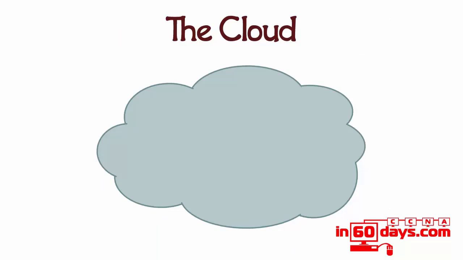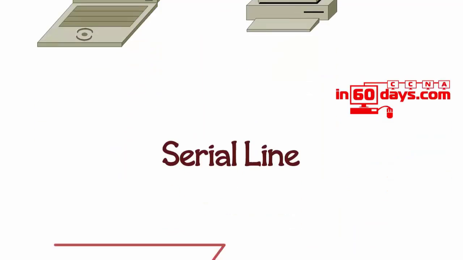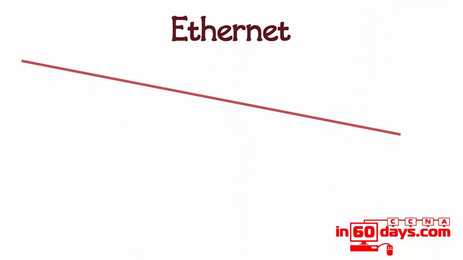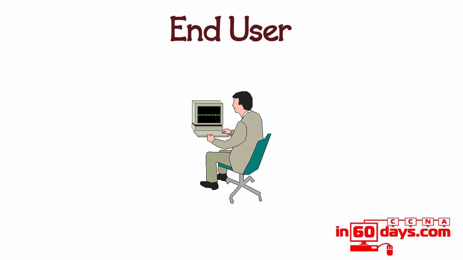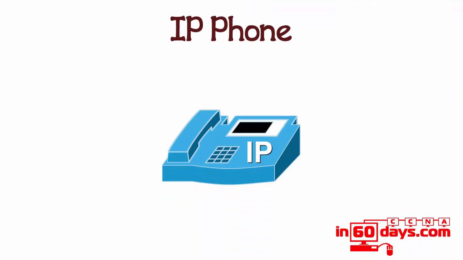The cloud, which could be your service provider usually, and you don't care what's going on in there, PCs and laptop. Serial line will normally have a kink in it and it looks like a lightning bolt. Your Ethernet will be a straight line usually. End user, which is one of your customers or somebody who's working in your office. IP telephony, which Cisco are market leader in.